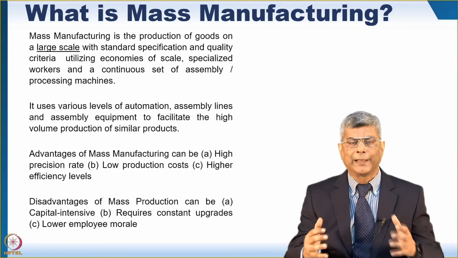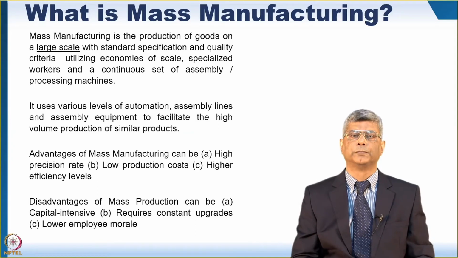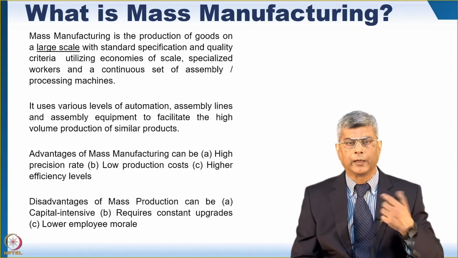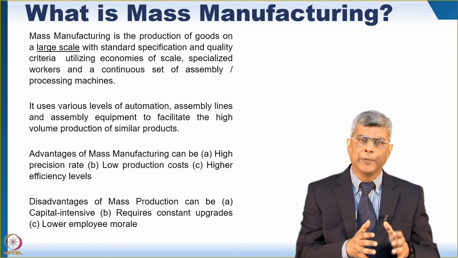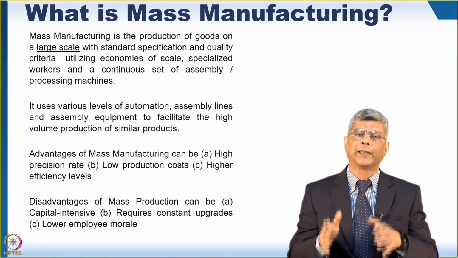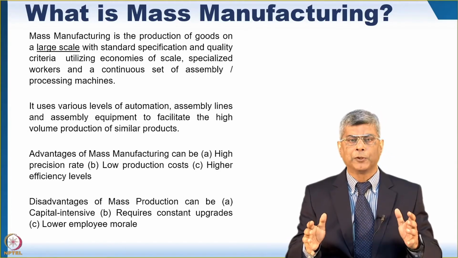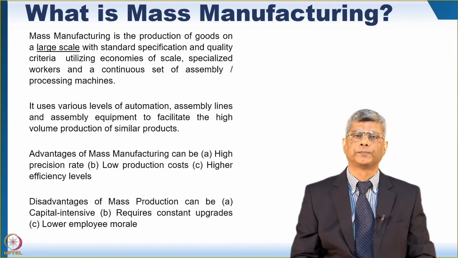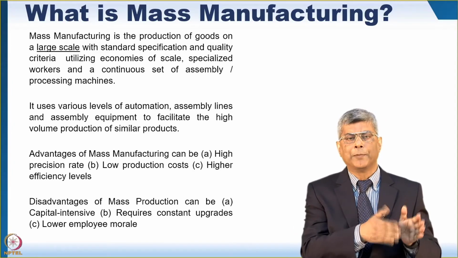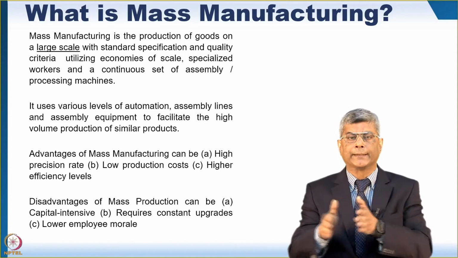But if you look at a complicated product like a phone or a car, one person can make it, but it's very difficult and it'll take him a long time, and probably the one person will not have the skills to make the entire product. So break up the manufacturing into small pieces.